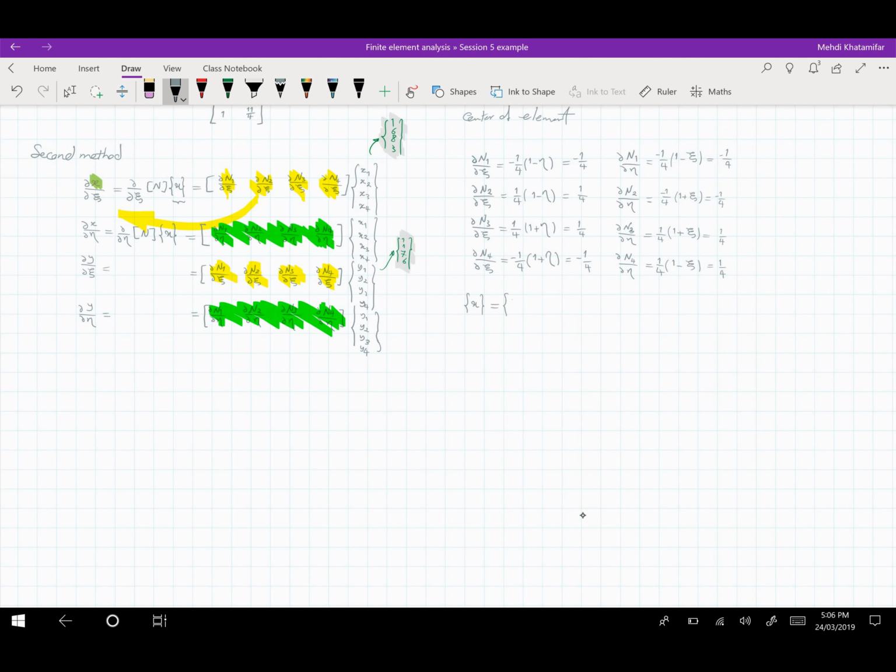So it is 1, 6, 8, 3 transpose, and y is going to be 1, 1, 7, 6. So basically we're saving a bit of space to avoid losing too much writing space vertically.